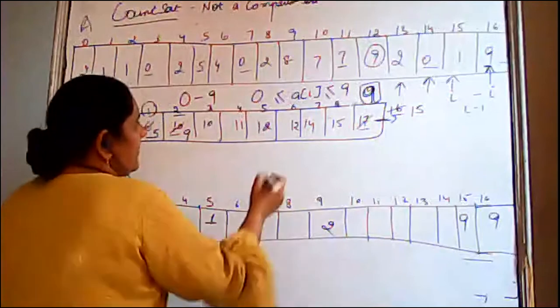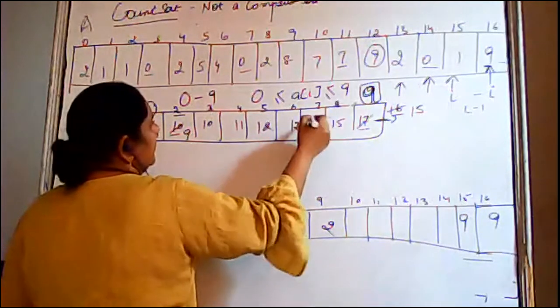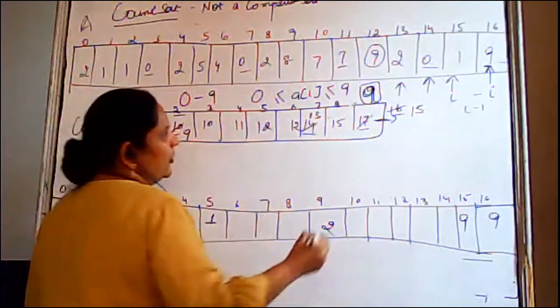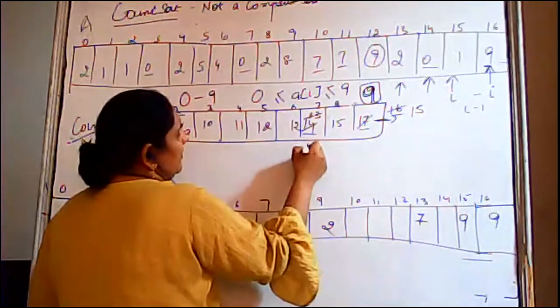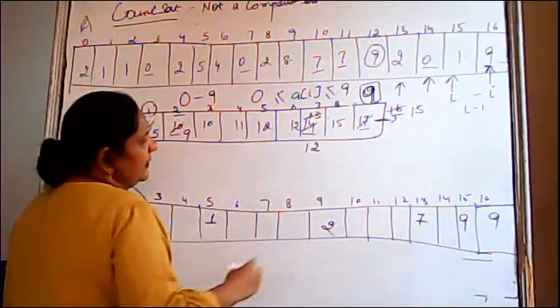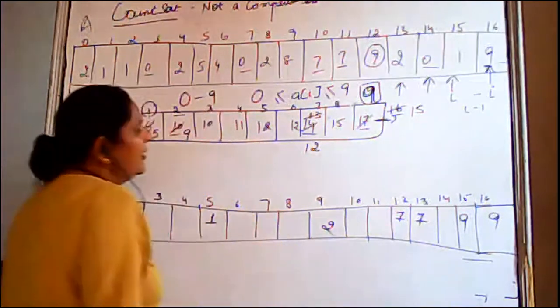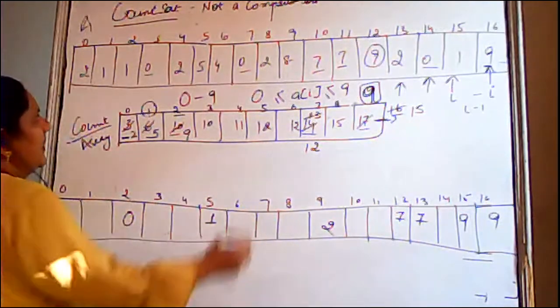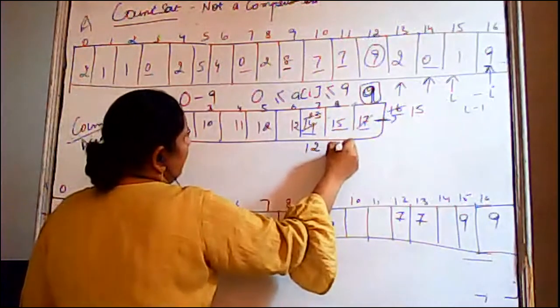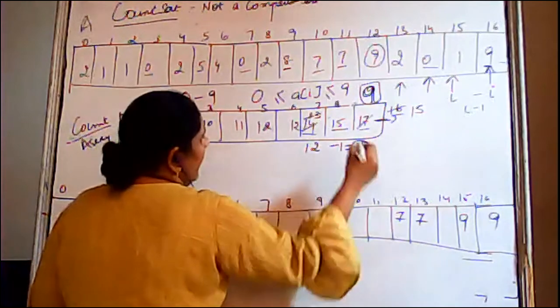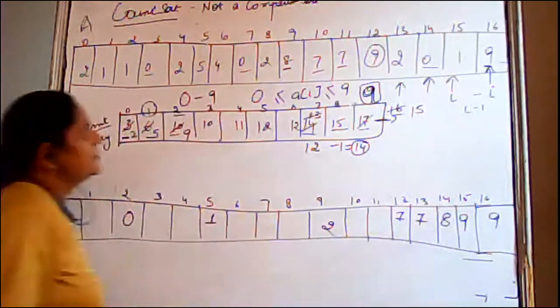Come here, 7. Deduct it, 13. At location number 13, store 7. Again 7. Decrement it by 1 and store the 7 in location number 12. Then comes 8. 8 is at 15. Minus 1, it will become 14. At location 14, store 8.